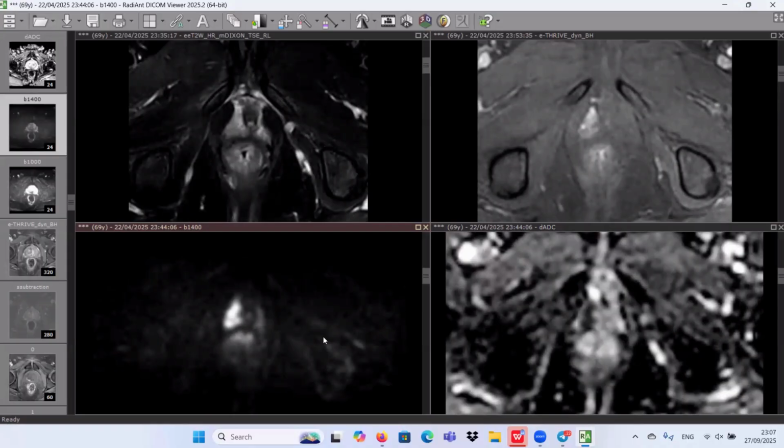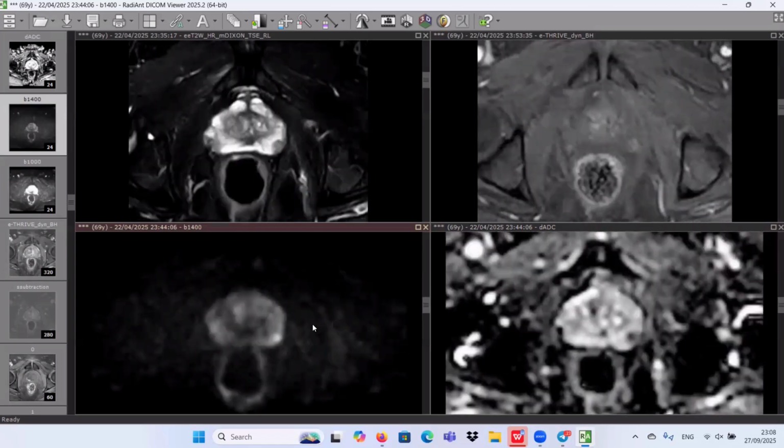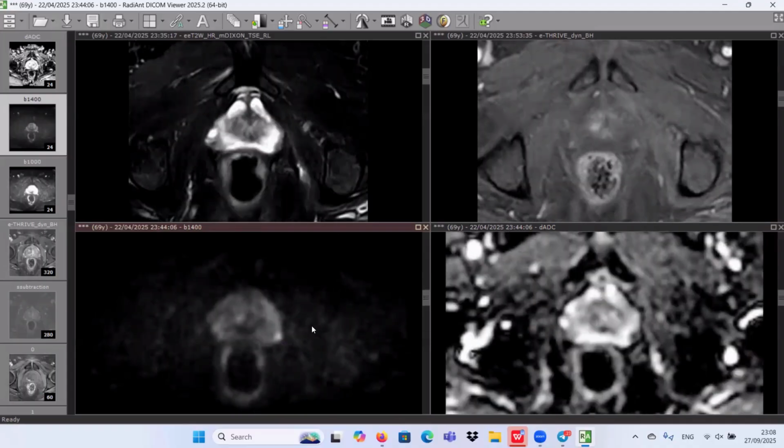And we have another, larger lesion at the right side of the apical zone, black hole on the ADC map. This one is considered diffusion weighted image score 5. So we have PI-RADS 5 on the apical zone and PI-RADS 4 on the mid gland.